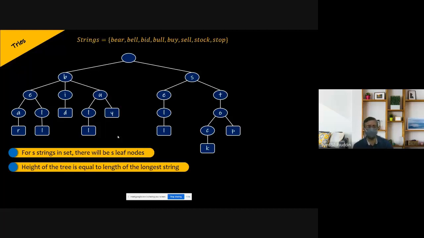Now, if you observe here, the height of the tree will be equal to the length of the longest string. The problem with this is that these tries are known as standard tries.